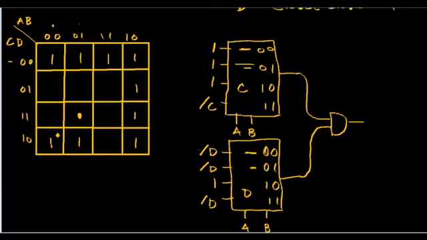So it should be C. Well, C is just 1 already, so this is already true. And when A and B are 0, 0, D is 0. But this is not D, so it would be a 1. So this becomes true, and this becomes a 1, and this outputs a 1. So you could go through and look at the whole K-map, but you'll find that this actually does work for every one of these boxes.